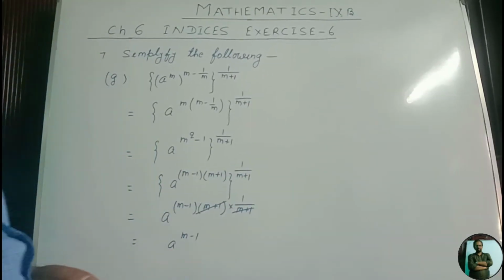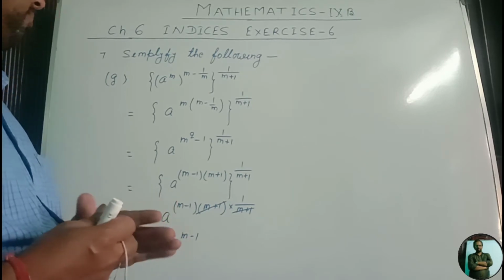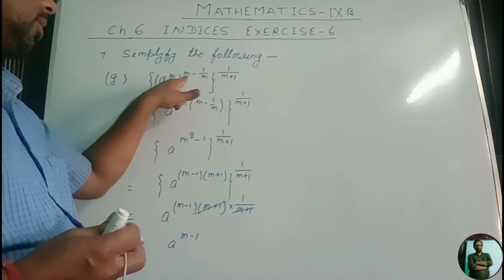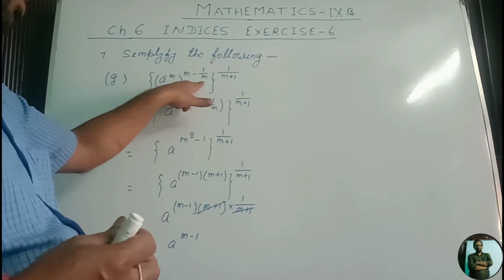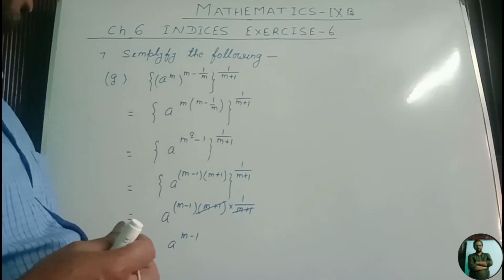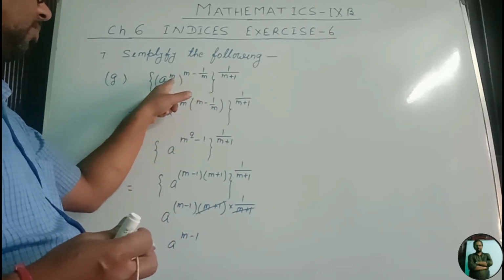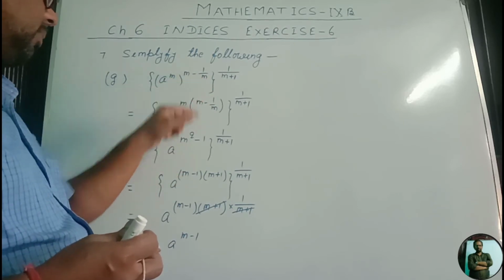Next question is 7g. The question is ((a to the power m) whole power (m minus 1/m)) whole power 1/(m plus 1). In the next step, I have simplified these two powers, m and m minus 1/m. So these two will be multiplied.